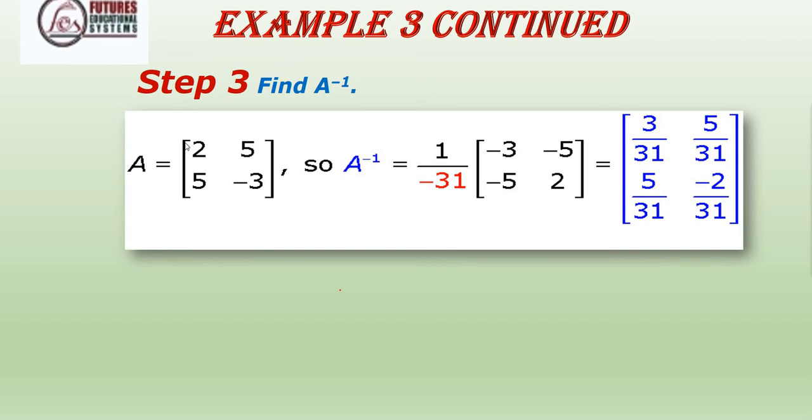Change the place of 2 and negative 3, the main diagonal. Replace the position of 2 and negative 3. And change the sign of the elements on the second diagonal. Multiply 1 over the determinant by each element inside the matrix, and we get the inverse matrix.